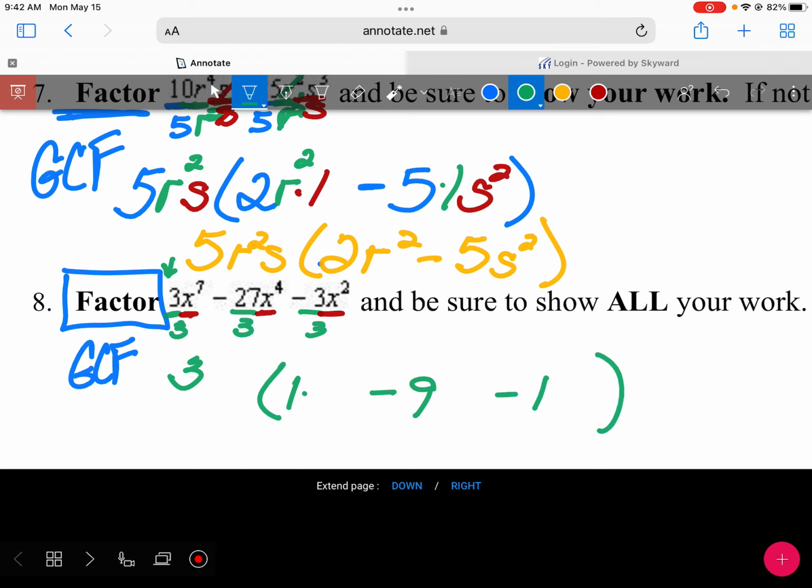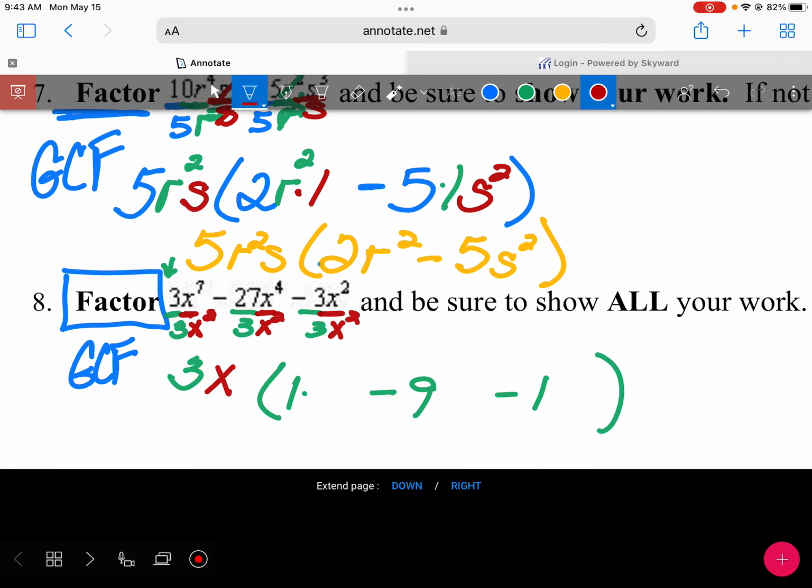All right, now let's look at the x's. So x to the 7th, x to the 4th, and x squared. How much can I take away from all of them that's common? x squared, yes.